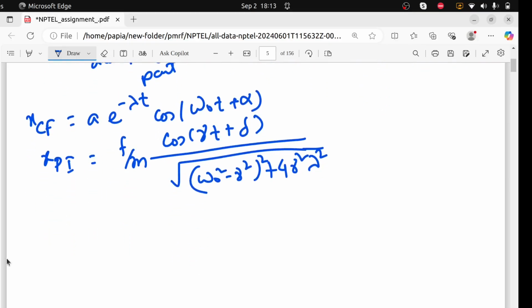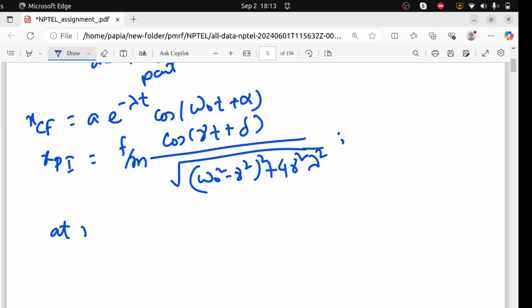Now at resonance, obviously if I write omega_0 equals gamma, then it will not be a maximum amplitude. So we need to check where the maximum amplitude is going to happen.